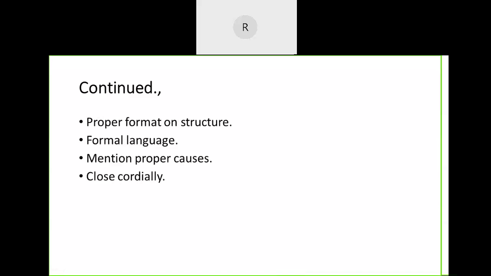Next characteristic, my dear students, is that there should be a proper format, a proper structure for the body of the letter. It must contain the introduction part, the name and address of the writer of the letter, and the person who receives that letter, and it must have the date also.